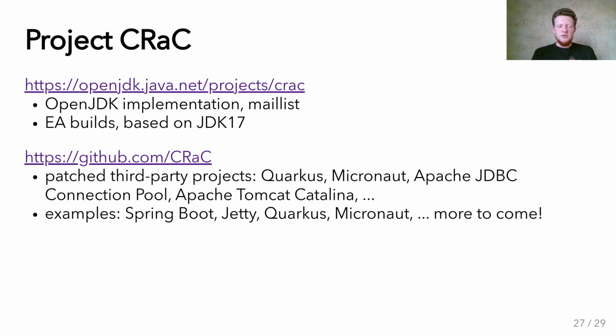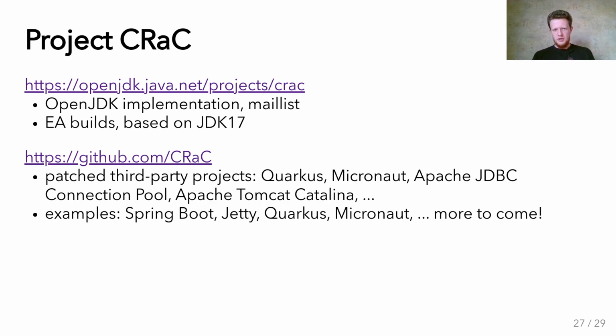Another major part of the project is the organization on GitHub. There you will find third-party projects that were modified with coordination code, which includes a set of frameworks we have discussed, and a set of Apache libraries and projects. So, for example, there is the Tomcat servlet container that can also start in 50 milliseconds.